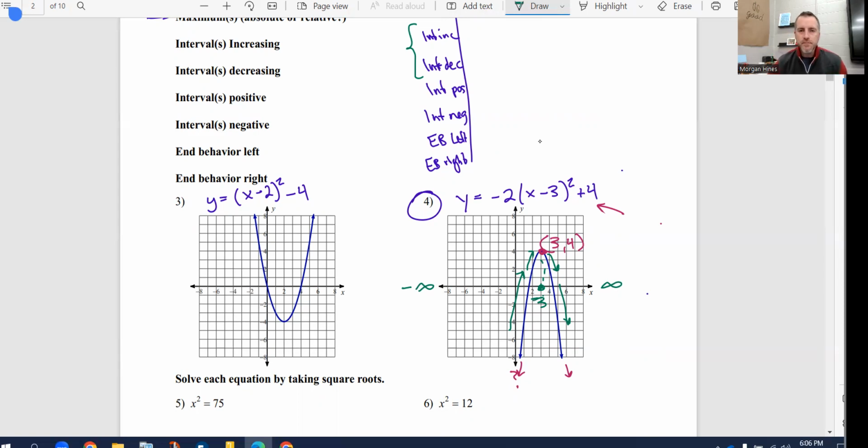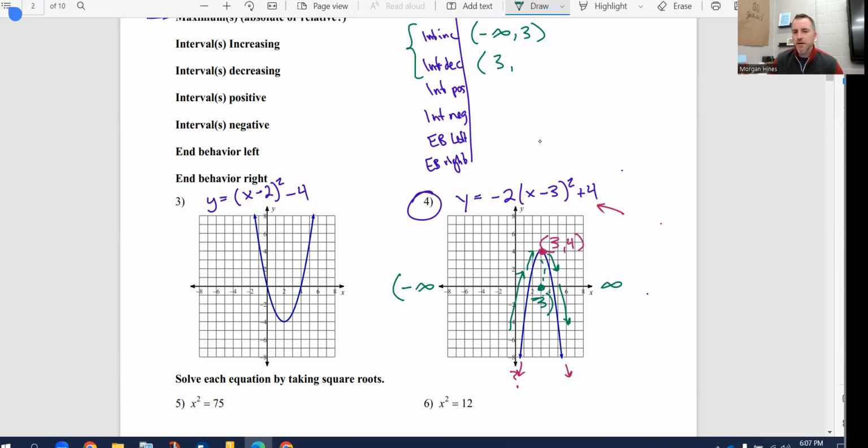Okay. So the first interval, if you hadn't picked up on it, starts with negative infinity and goes until the maximum point, 3. What's happening during that portion? It's increasing, negative infinity to 3. Okay, cool. So if it stops increasing, the only other option is that would be decreasing for quadratics. So at 3, it starts to decrease.